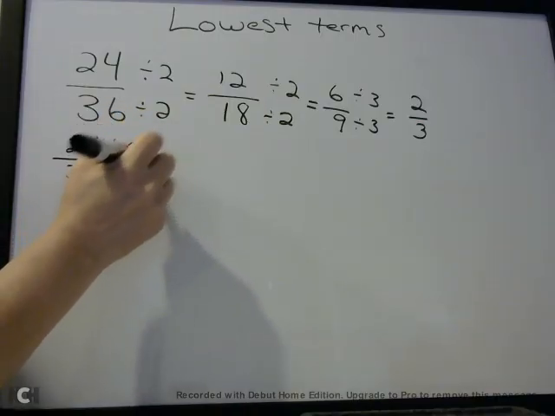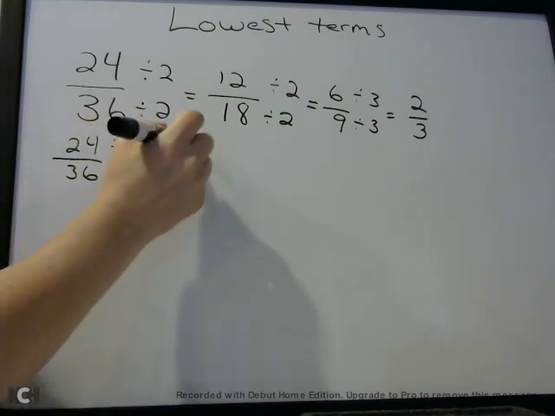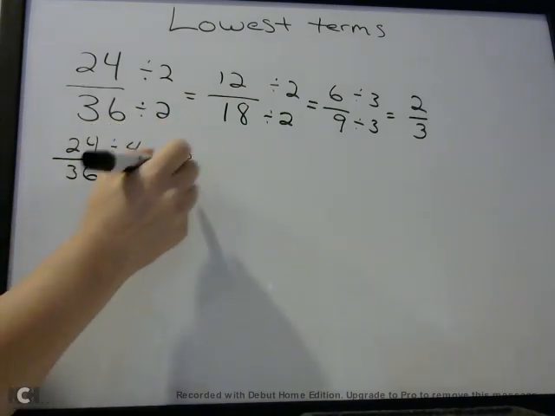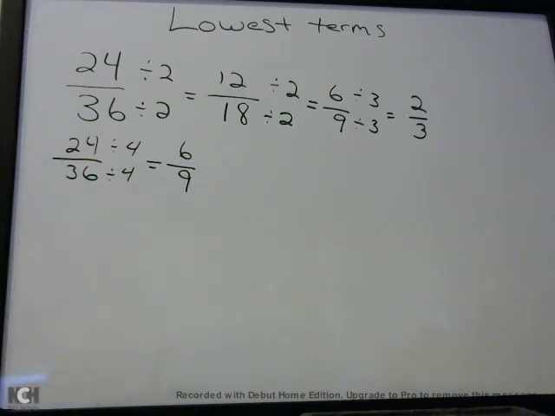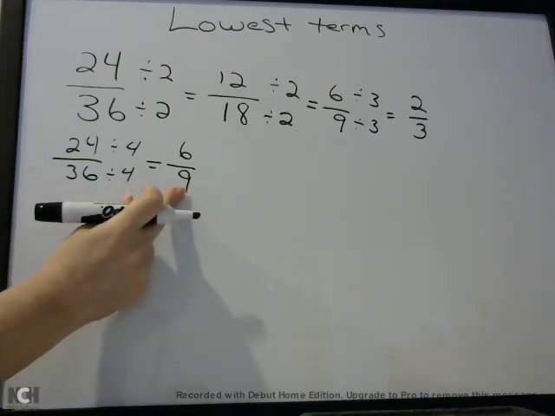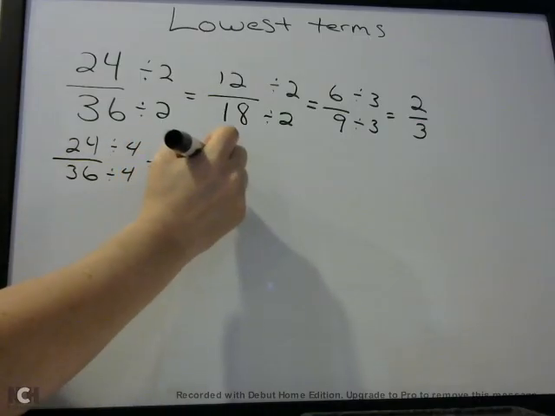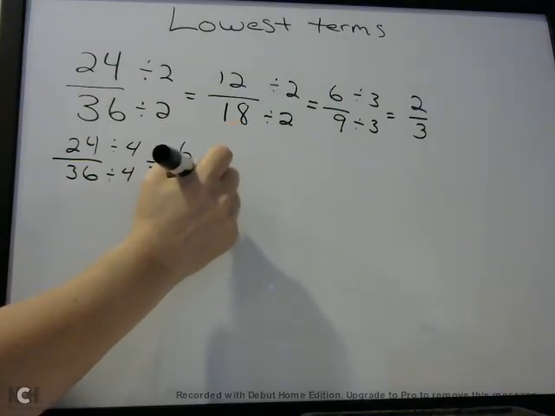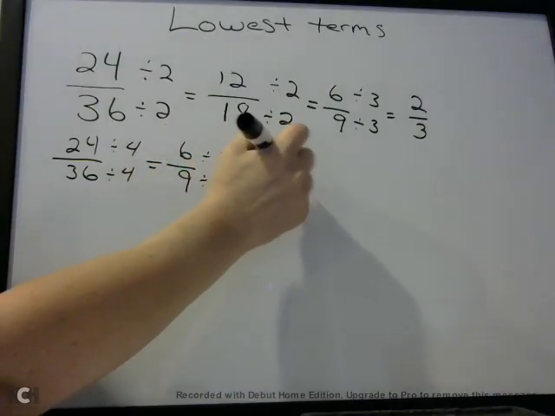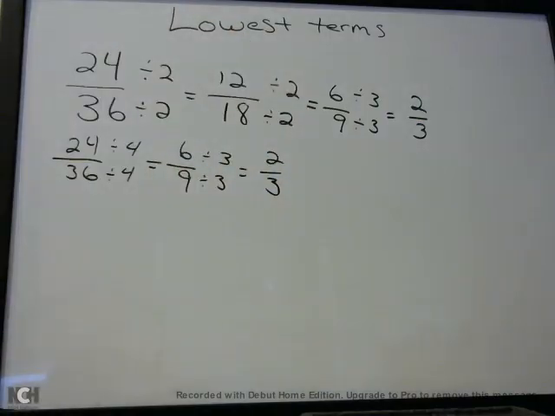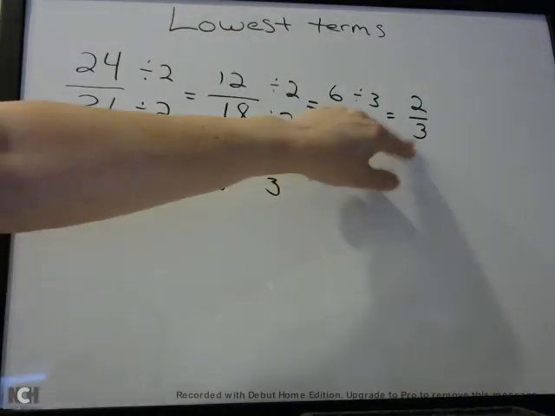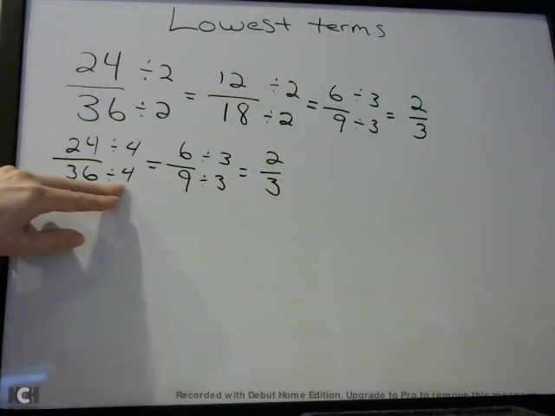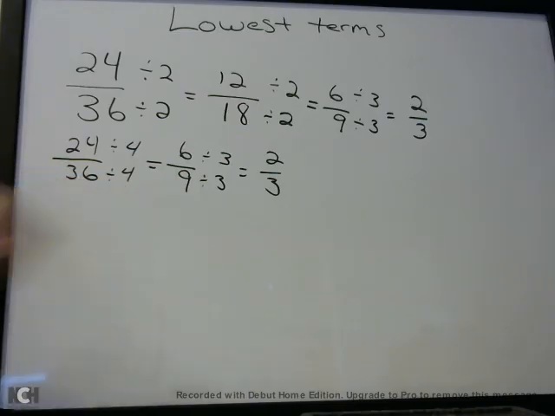So divide by 4. 24 divided by 4 is 6, and 36 divided by 4 is 9. Is that in lowest terms? No, because we can divide both 6 and 9 by 3. So again, we got 2/3. We got the same answer, even though we started out by dividing by a different number.